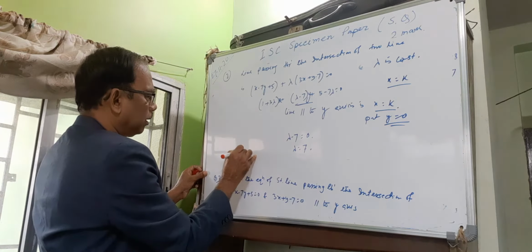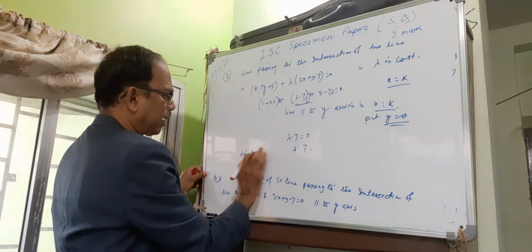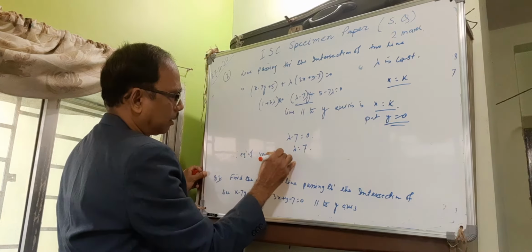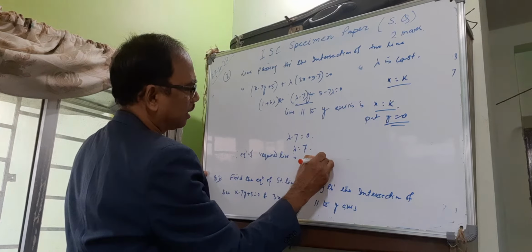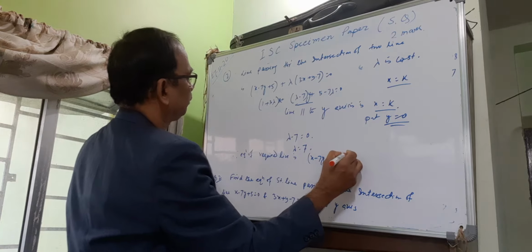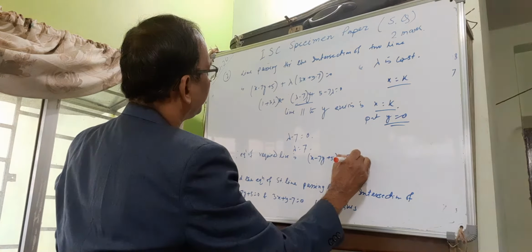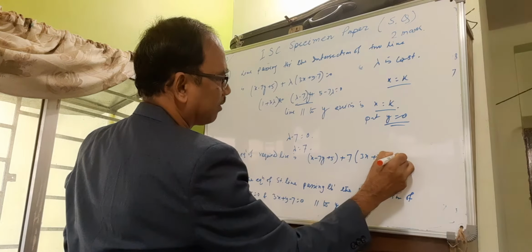Therefore, the equation of the required line is x minus 7y plus 5 plus 7 into 3x plus y minus 7 equals 0.